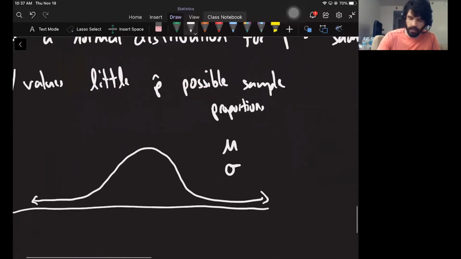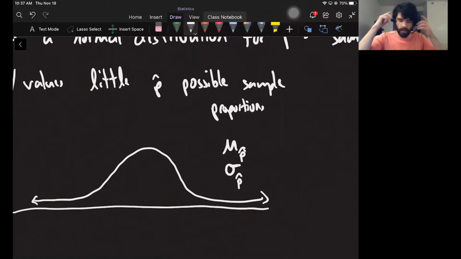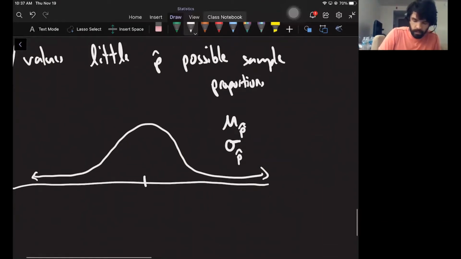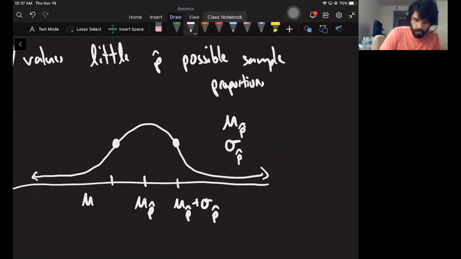We call the mean mu sub p hat and the standard deviation sigma sub p hat. The mean tells us the middle, and the standard deviation tells us the inflection points, by adding one standard deviation and subtracting one standard deviation.